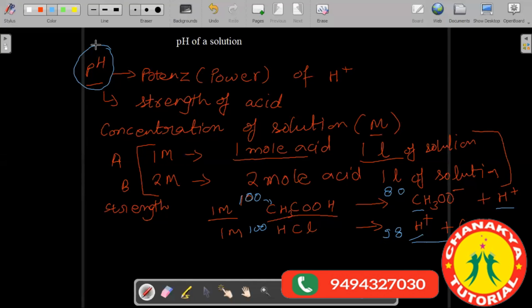Since the concentration of the hydrogen ions can be long numbers, generally the concentrations of H plus ions are measured with 10 to the power something, 10 to the power negative 14 or 10 to the power negative 7. This is how the concentrations of H plus ions are measured.